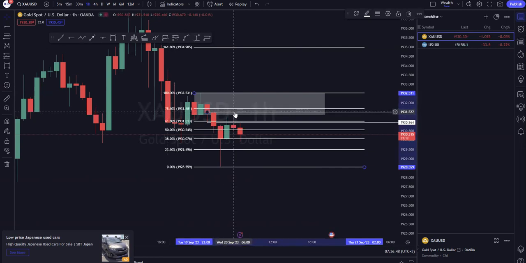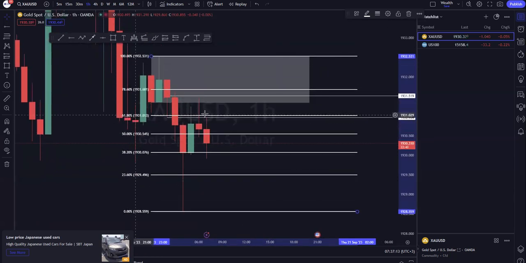In simple terms, it bounced between 78 and 61, and this was also inside this bearish order block. On the 15-minute time frame, the market bounced on the 61 level, between 78 and 61, which was also inside the 15-minute bearish order block. And that is where the market started dropping from.